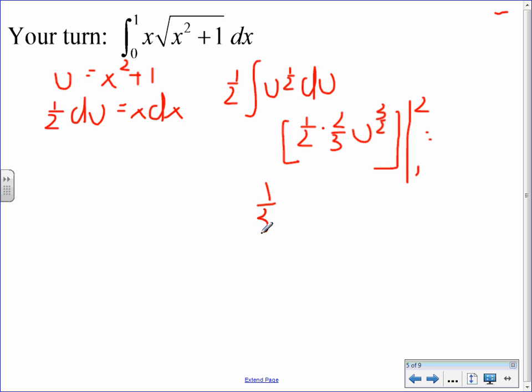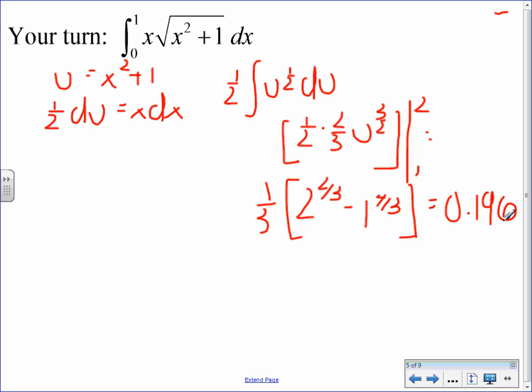Is that 1 to 2? Yeah. Okay, from 1 to 2. Okay.